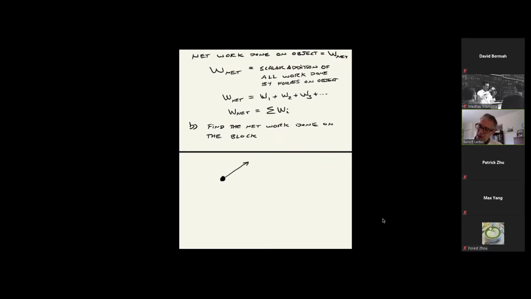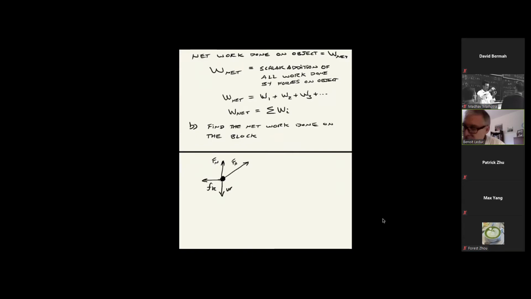So we have FA like this, we have the friction, we have the normal force, and we have the weight.